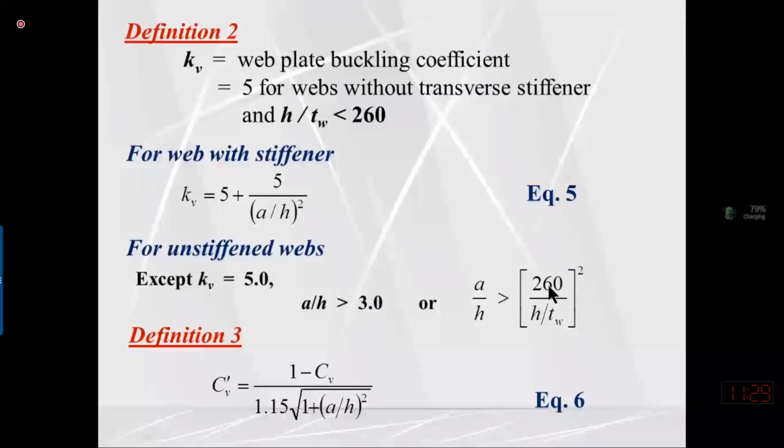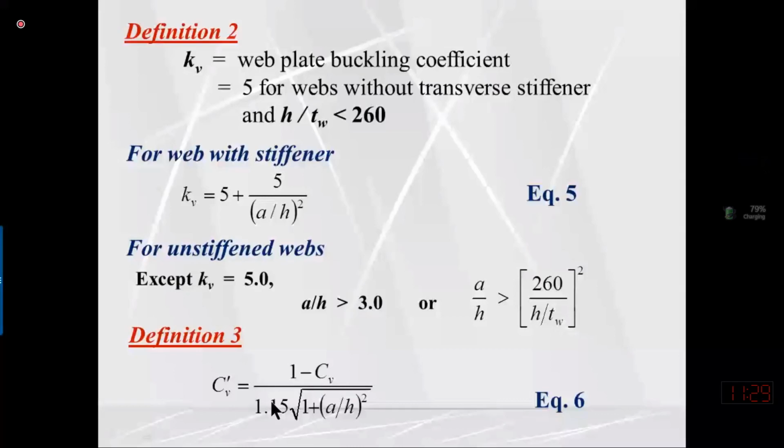And the formula for CV prime will be this one, equation 6, and it is a function of CV value and a over h ratio. Again, CV prime is the fraction of the strength available due to tension field action.